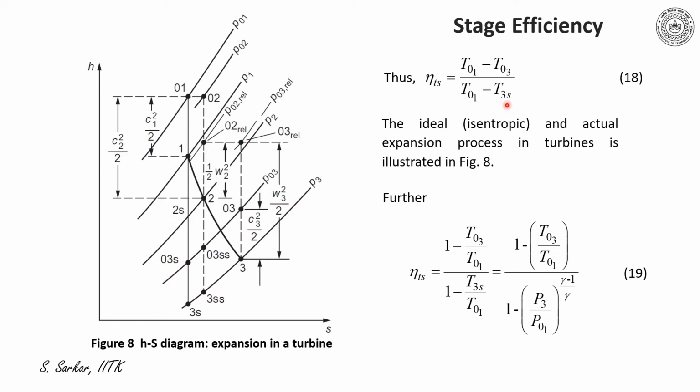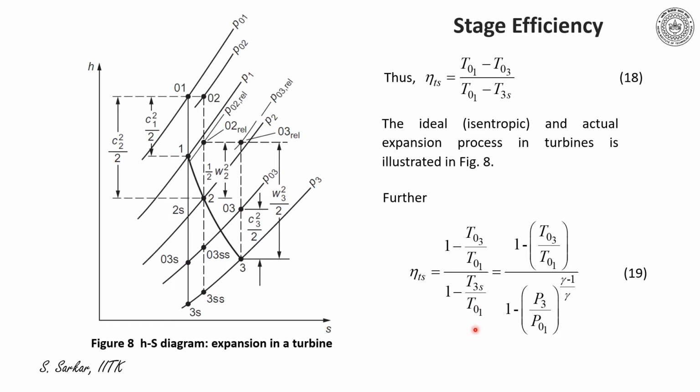Please note that here the efficiency is defined with respect to the static temperature at the end of expansion. Following equation 8, I can write eta Ts is equal to (1 minus T03 divided by T01) whole divided by (1 minus T3S by T01).